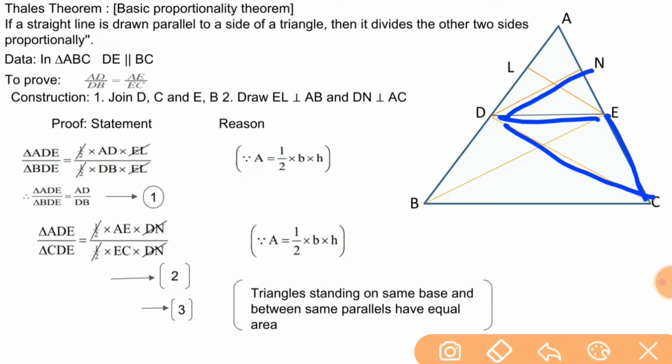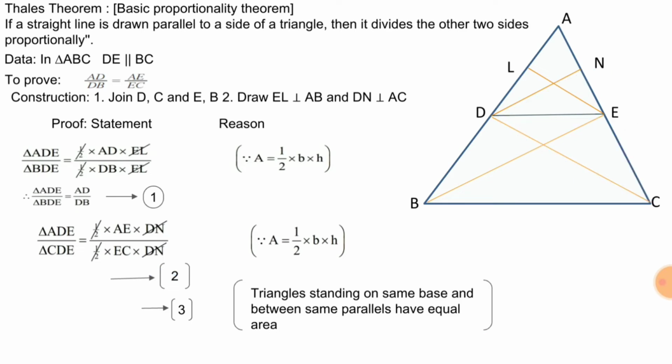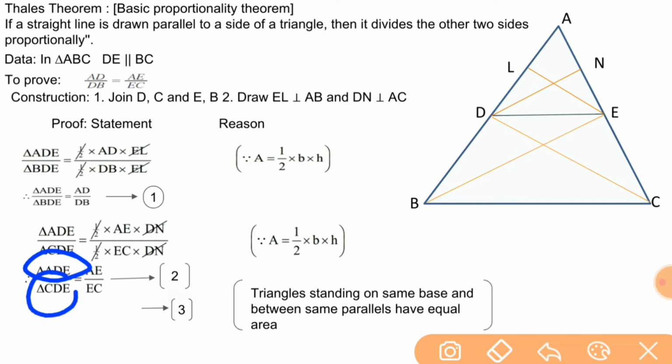So what we have written is area of triangle CDE is equal to half of EC into DN. What is EC? Base. What is DN? Height. So when you compare those equations, the half gets cancelled and DN gets cancelled. What are you left with? You are left with area of triangle ADE divided by area of triangle CDE is equal to AE by CE or EC.